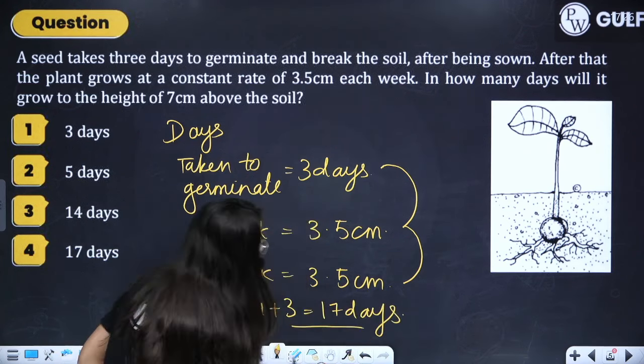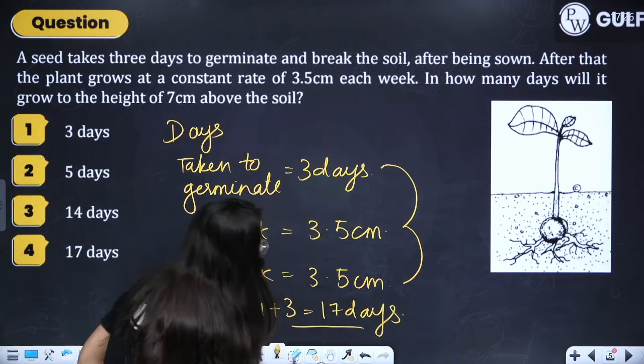So let us assume A will be the speed while going upward and B will be the speed while going downward. Now they have stated that they have to reach the average of 30 kilometer per hour. So we'll be applying the average speed formula over here, right?